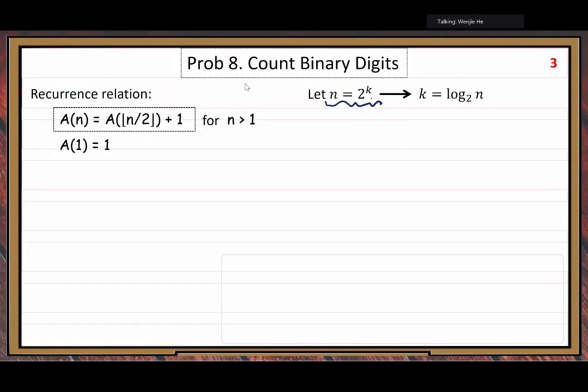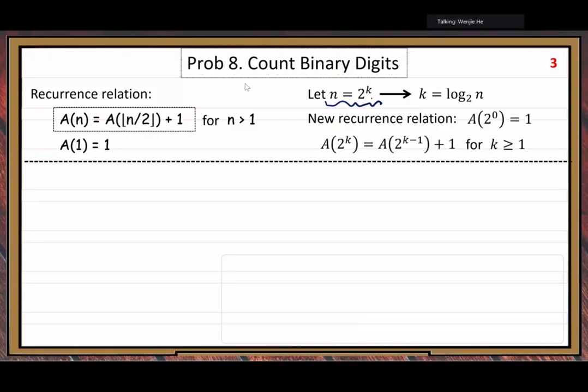If we want to use the k number, that is log base 2 of n. Based on the definition of logarithm, k equals log base 2 of n. Now, the new recurrence relation. This time, let's simplify our original recurrence relation. Now you can see the floor function is gone.